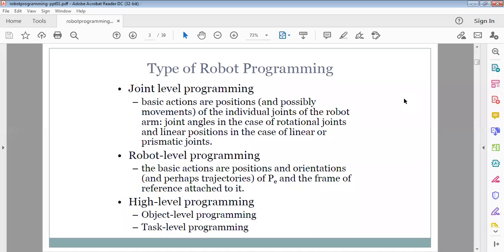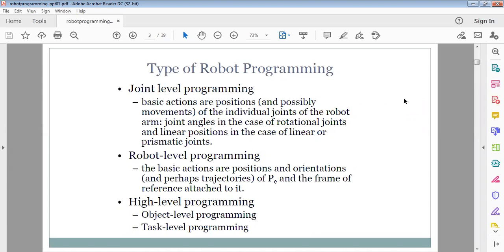Here we look at the types of robot programs. When we discuss the types of robot programming, there are different levels of programming, known as joint level programming, robot level programming, and high level programming. What is joint level programming? This programming concentrates on joint positions and joint movements.